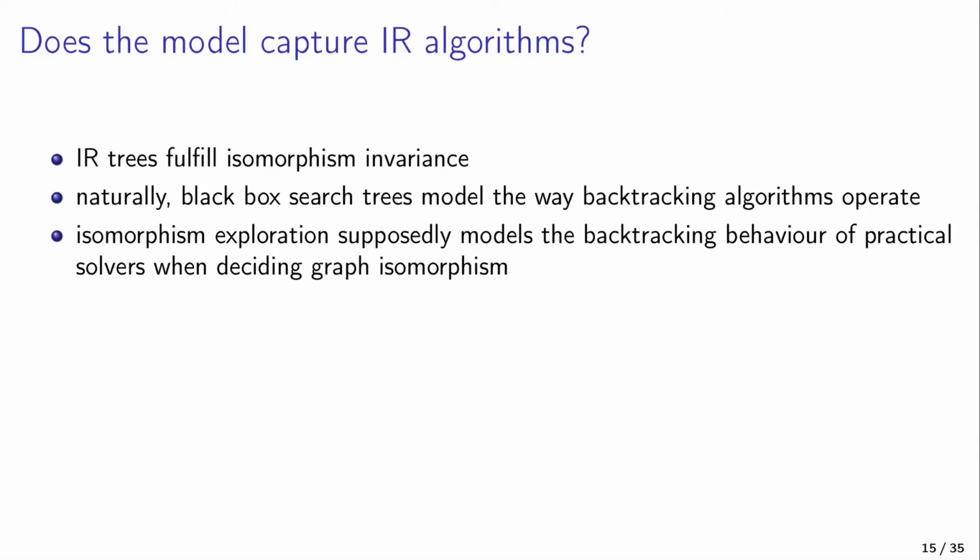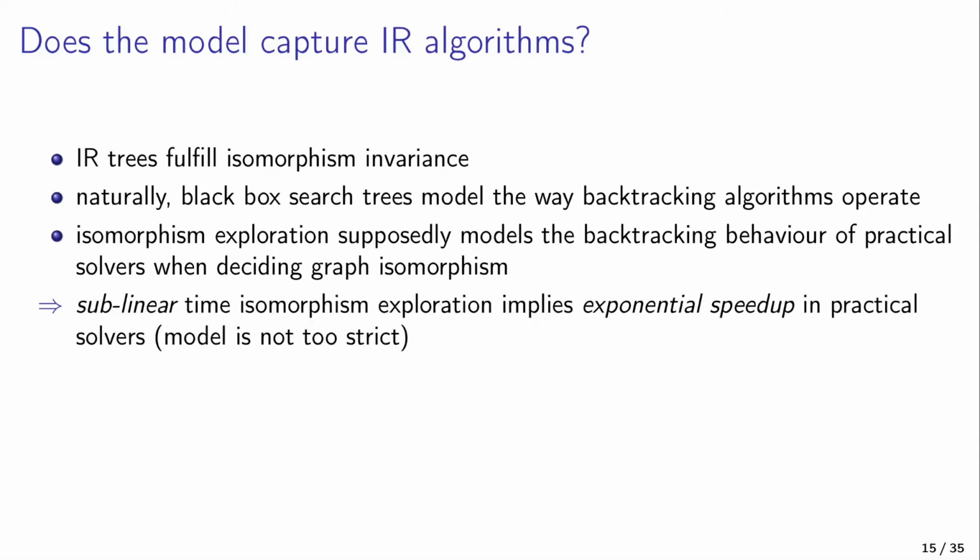One of the main arguments for that is that if we actually find a sublinear time isomorphism exploration strategy, we can immediately transform this strategy into an IR algorithm that experiences exponential speedup. The IR algorithm basically can get away with looking at less of its backtracking tree. In some sense, this means that the model is not too strict.